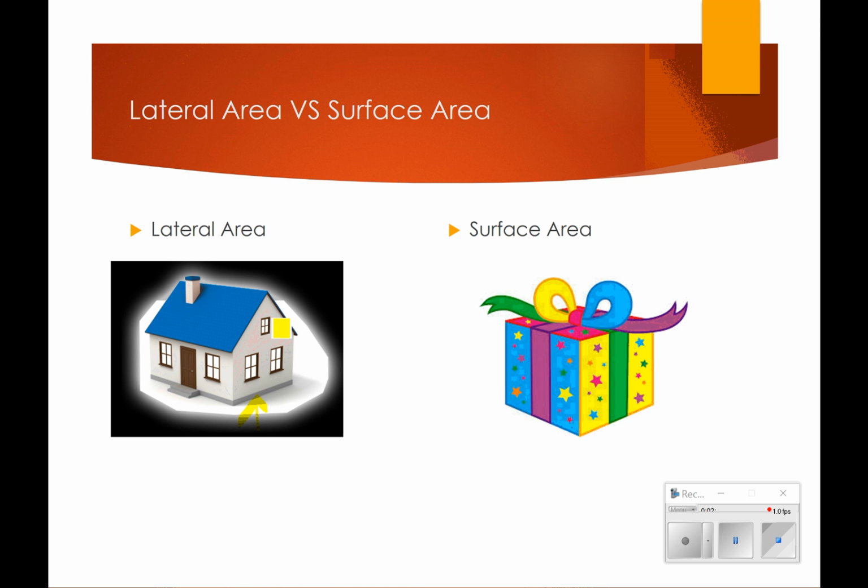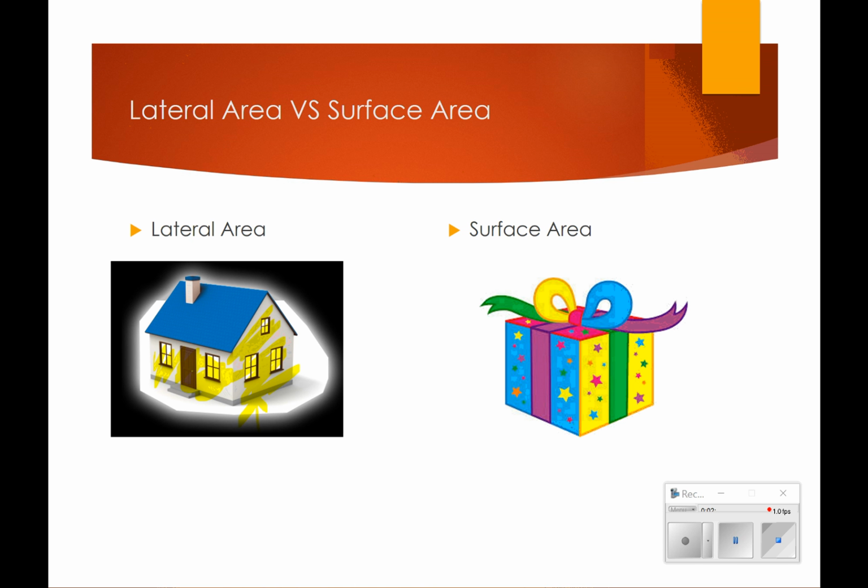So you just paint the outside of the house. Or if I'm talking about inside the house, if I'm talking about a room, the lateral area is just painting the walls. We've got carpet on the floors. We've got usually a white or plaster ceiling. So it's just the walls for the lateral area.